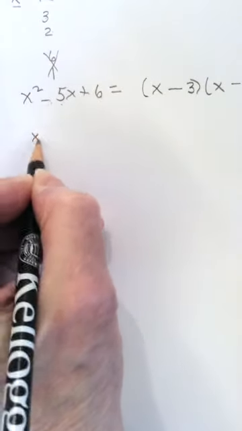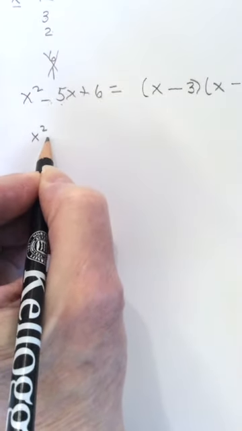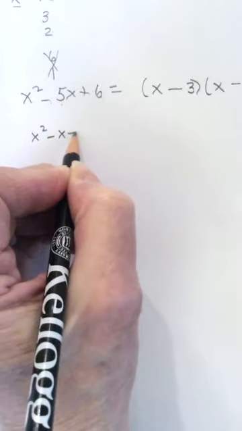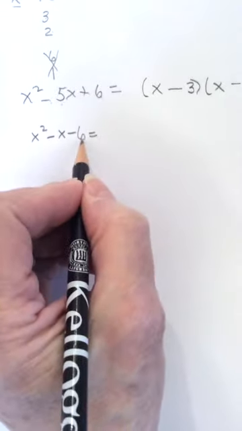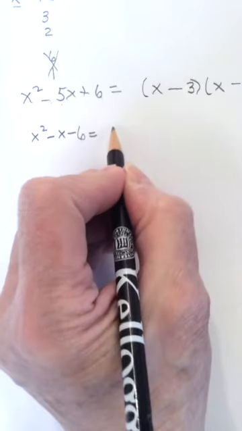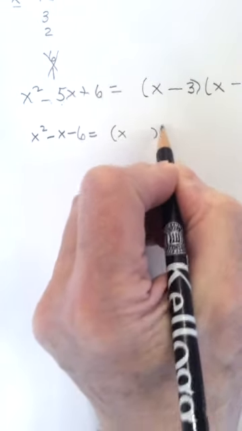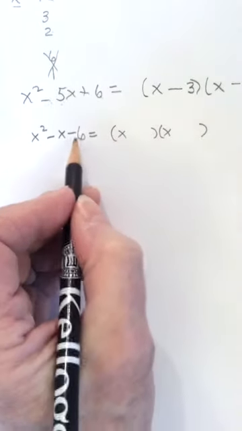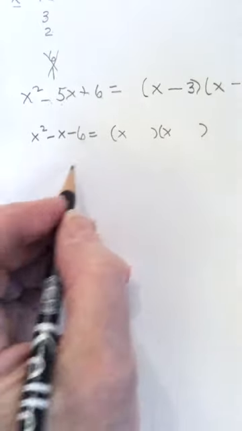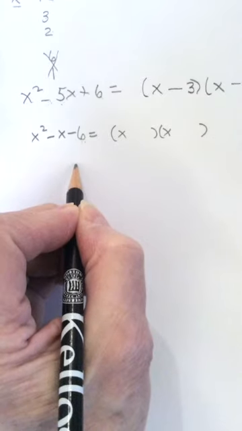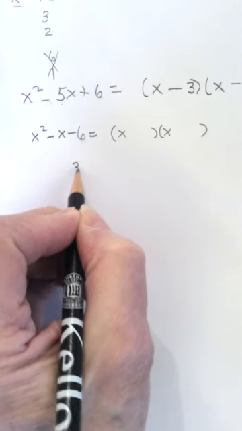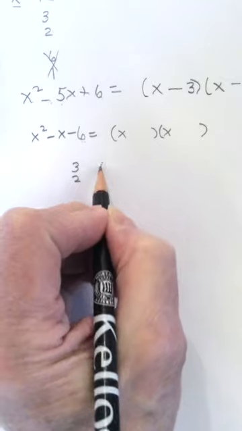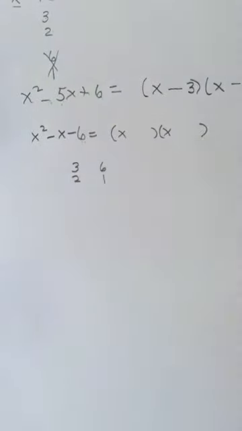If I have x squared minus x minus 6, now with the constant term being negative, the ways I can get 6 are still 3 times 2 or 6 times 1.